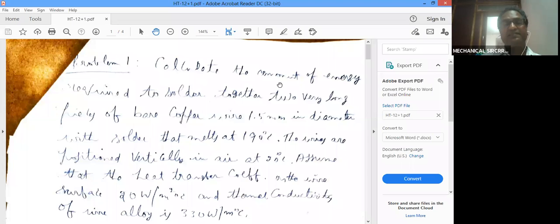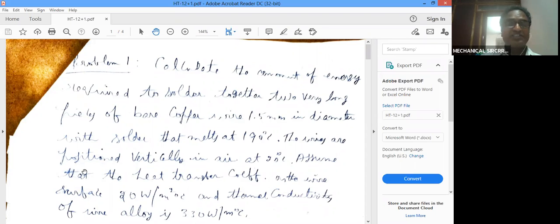Problem number 1. Calculate the amount of energy required to solder together two very long pieces of bare copper wire, 1.5 mm in diameter, with solder that melts at 190 degrees centigrade.